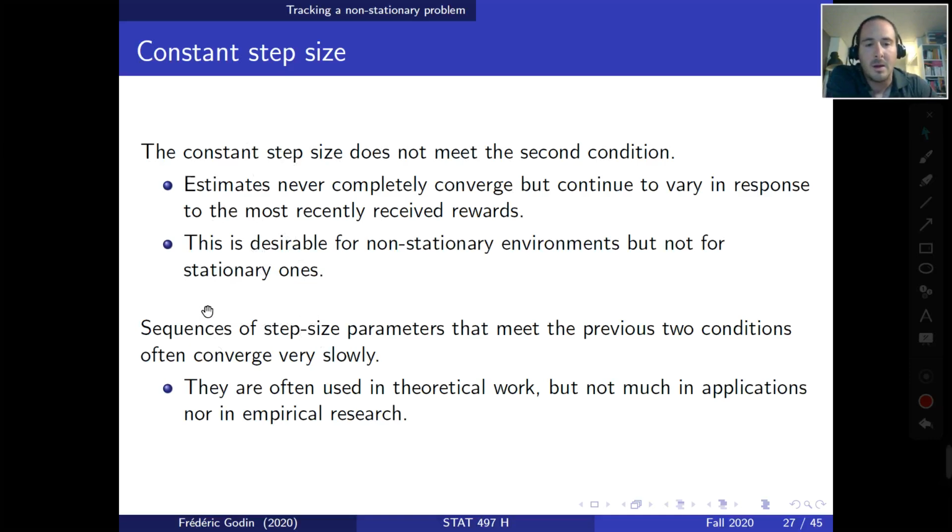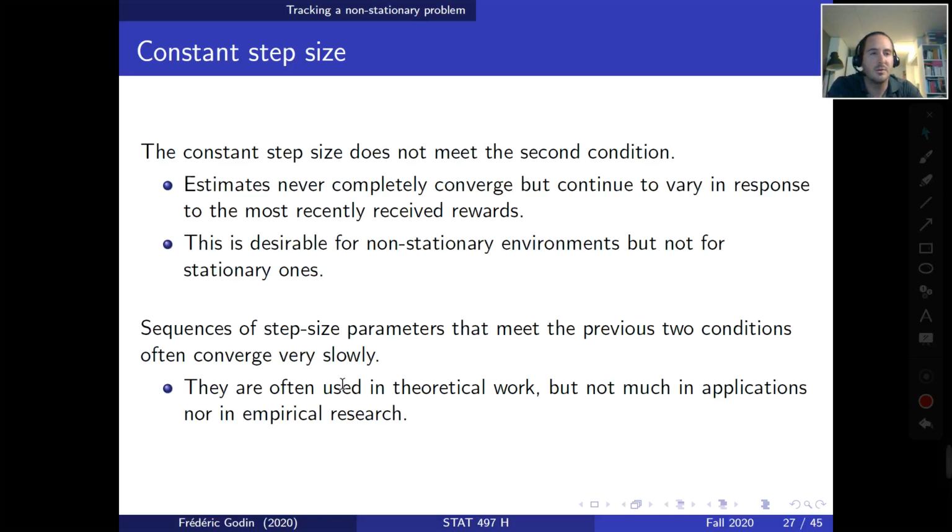Okay, so in practice, do people use step sizes that meet these criteria? And the answer is no. Because the sequences of step sizes that guarantee convergence in practice entail learning much too slowly.